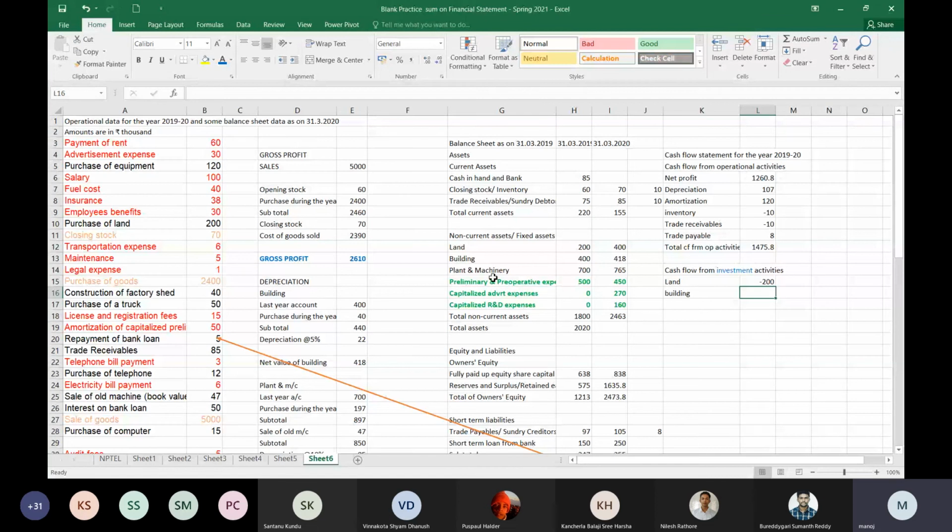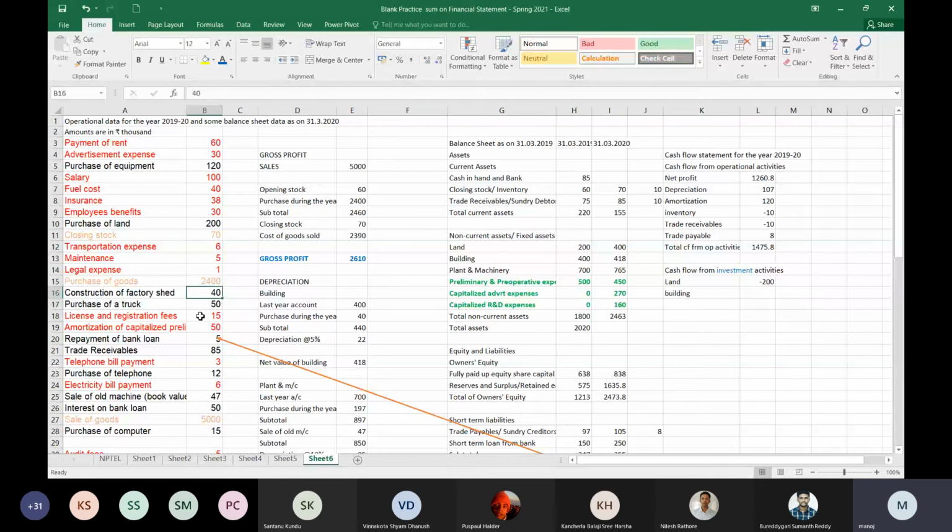Now building, see, don't go into depreciation and all that, you will get confused. That is why building value should not be taken from the balance sheet. Remember this carefully. Building cash flow should not be taken from the balance sheet. It should be taken from the sale and purchase data. Let us see whether we have bought anything. Purchase of land, purchase of equipment, construction of factory shed.